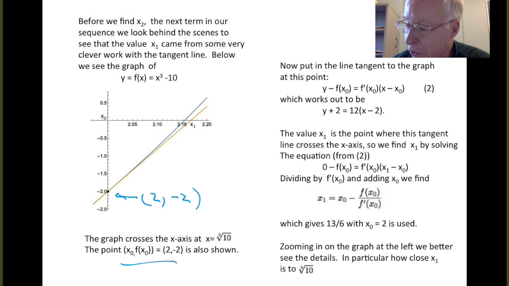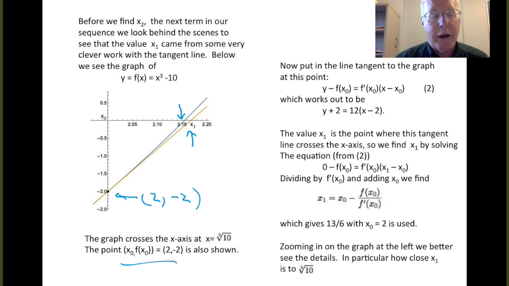And so we can see the tangent line stays pretty close to the graph. We studied that when we looked at differentials back at the end of chapter 3. Tangent line stays close to the graph. So where the tangent line crosses the x-axis should be pretty close to where the curve crosses the x-axis. And of course, that's the number, cube root of 10, we're looking at.